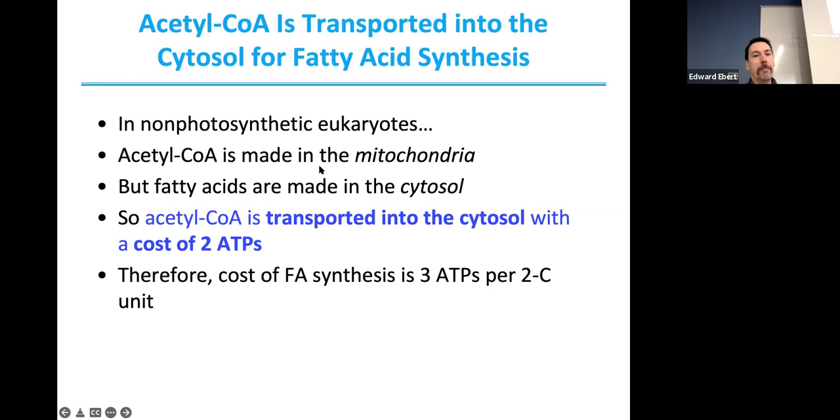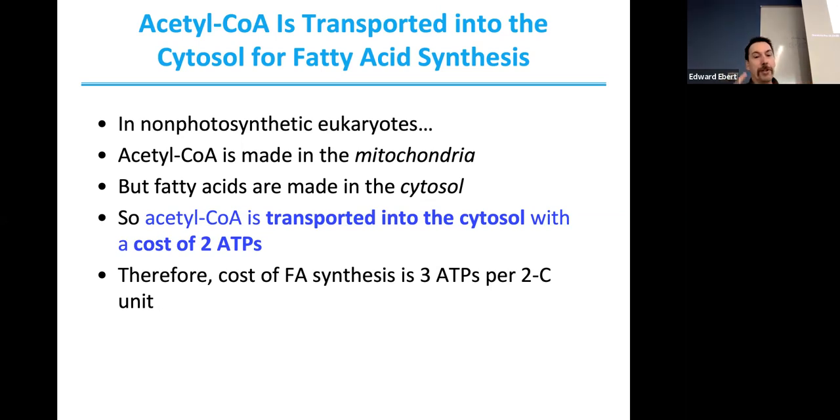Anyway, one thing we see is that we make a lot of acetyl-CoA in the mitochondria, and our fatty acids are made in the cytosol. So how do we get the acetyl-CoA to the cytosol where we can do fatty acid synthesis? There's a transport system, technically two, because we have 2 membranes to cross, and it's going to cost us ATPs. For every 2 carbon unit that we add, we have to spend an ATP to charge it to get it hooked together.